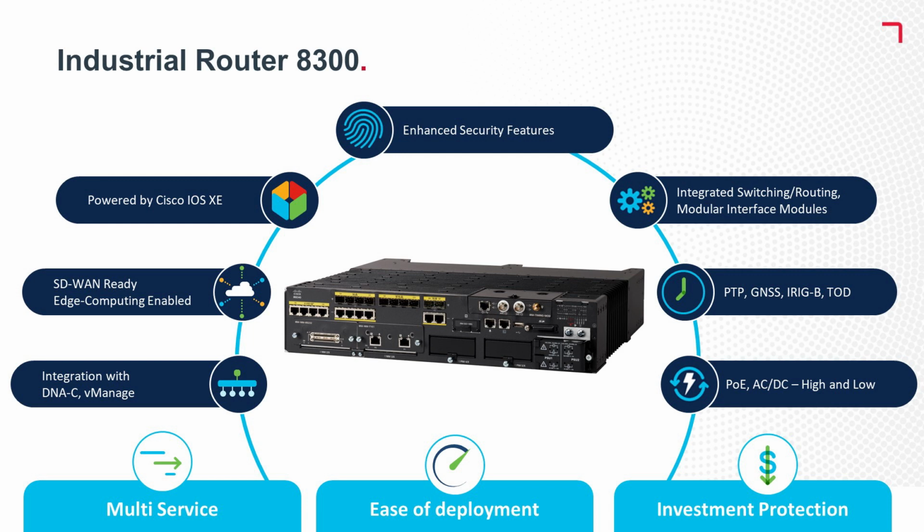Then it has support for multiple timing protocols such as PTP and GNSS, and because this is a switch, it supports PoE+ and UPoE. You will see the switching module that this router has, it supports PoE+ and UPoE. And it has support for multiple redundancy protocols which are critical for the electrical environment, which are REP, HSR, and PRP.